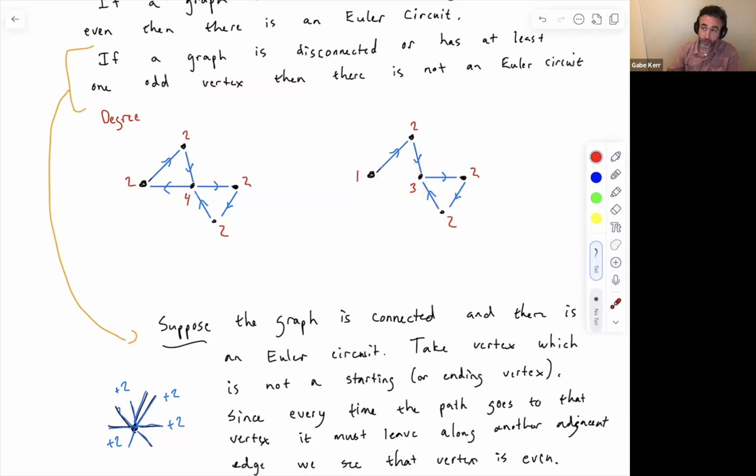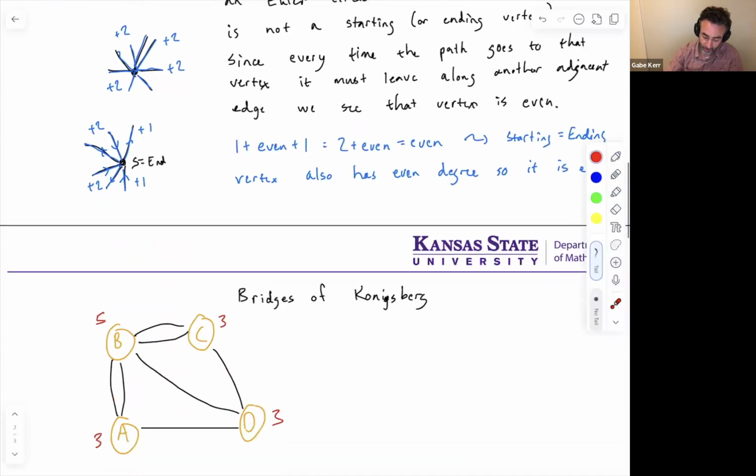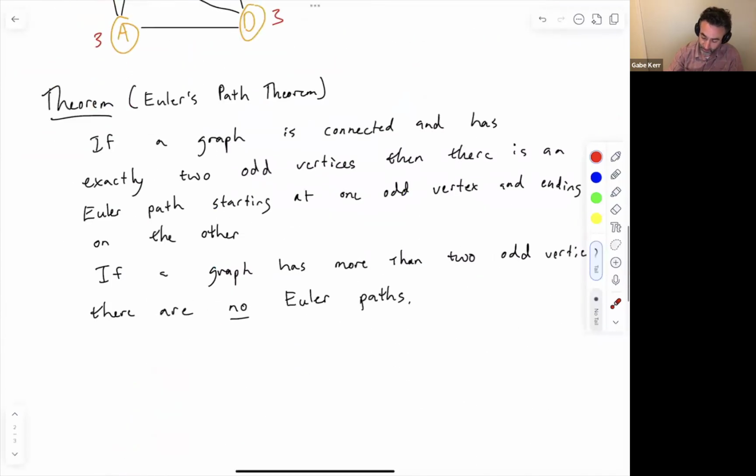The justification for the Euler path theorem is very similar to the one I went through for the Euler circuit theorem. If we have an Euler path, and we're not at the beginning or end of that path, we have to pass through that vertex an even number of times.